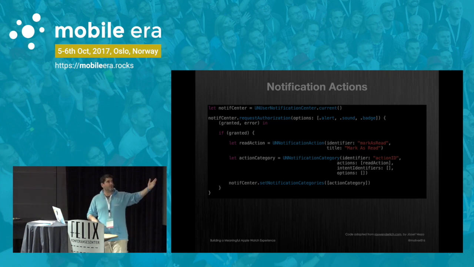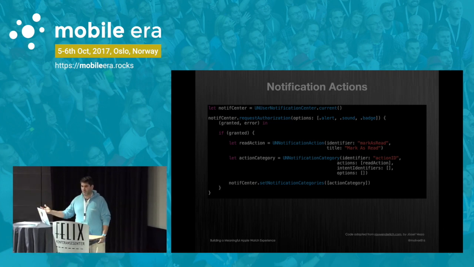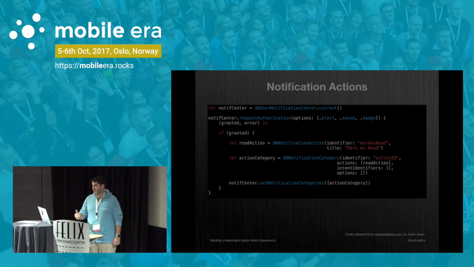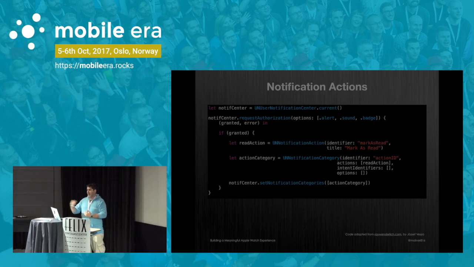This is a very simple code sample of how you can get a notification action done. Essentially, you obviously request permission to be doing notifications first, and then the key lines in here, that read action and that action category, essentially the red action in the action category. The action is the button that's going to show up, and you can essentially say for a given category of notification that I'm going to get, these are the actions that I want to show up.